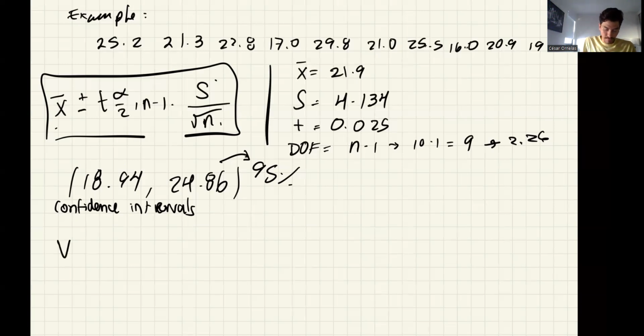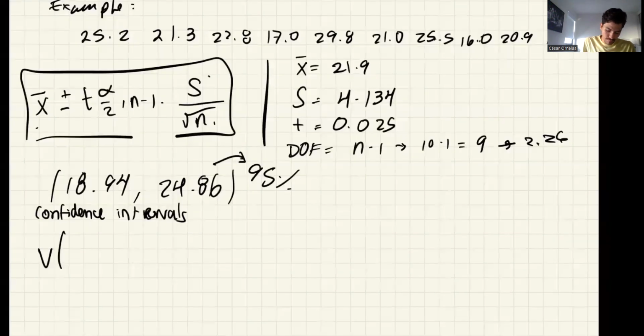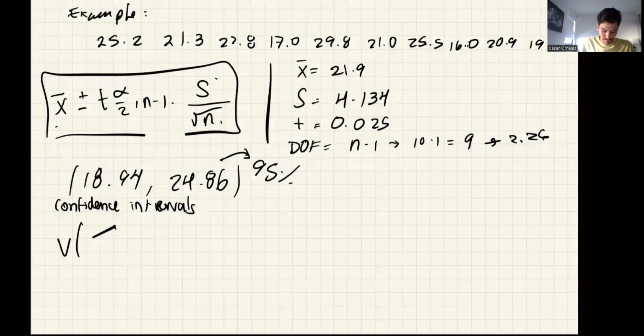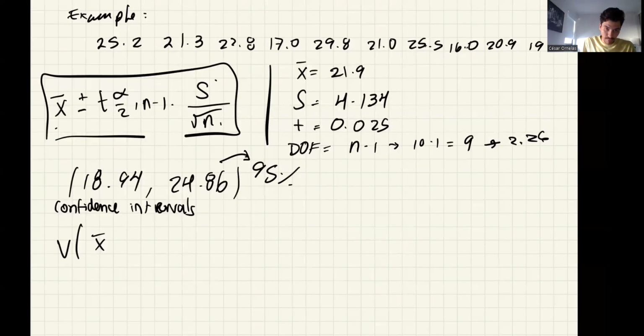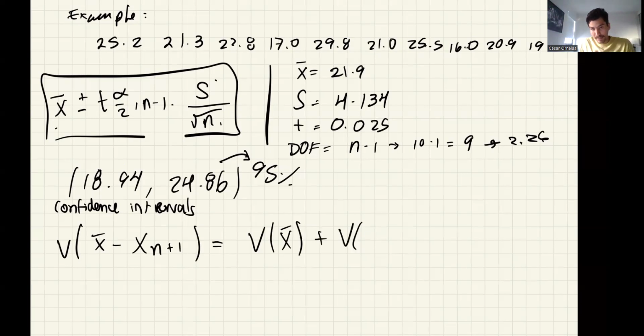The variance of the sample multiplied by the mean, subtracting the x and plus 1. If we solve it, we have the variance multiplied by the mean plus the variance multiplied by x, and minus 1.